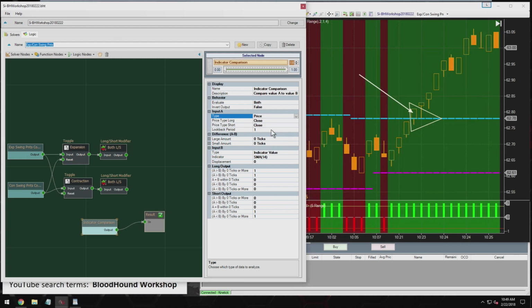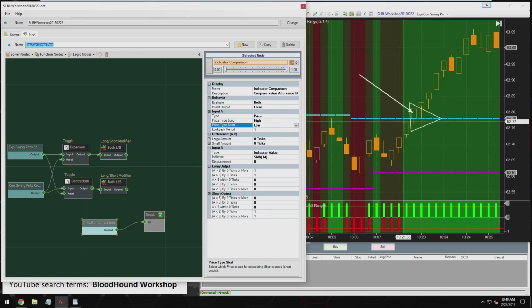And let's see, what should we look at? I guess we could look at the closing price of the bar, but I'm going to be more liberal, and I'm going to take a look at the high of the bar and also the low of the bar.